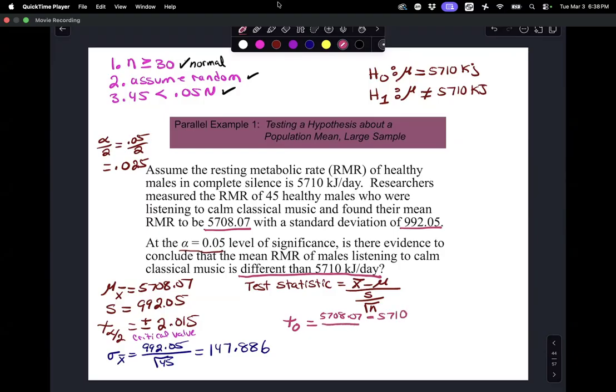If you put the whole thing in your calculator at once, parentheses around the numerator, close my parentheses, divided by 147.886. Negative 0.0198. Okay. This is my test statistic.